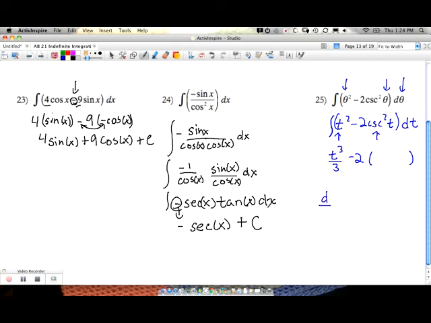Well, I know that the derivative of cotangent is negative cosecant squared. So if I were to do the antiderivative, but this is positive, I'm going backwards, so that means the negative needs to be over here. That means this should have been negative cotangent of t. We're using t this time. And of course, plus c.